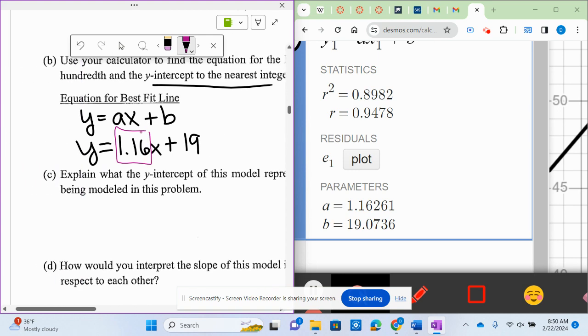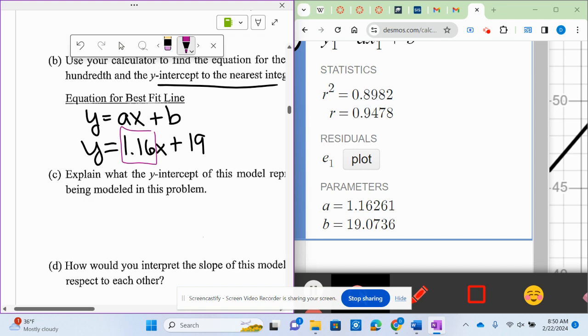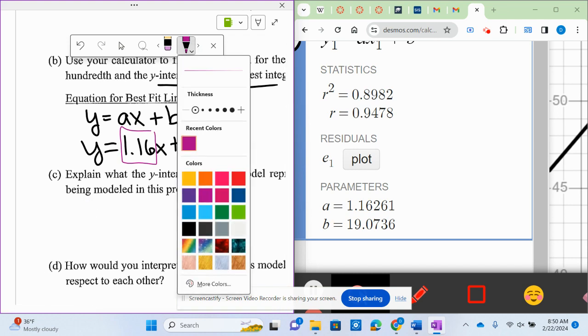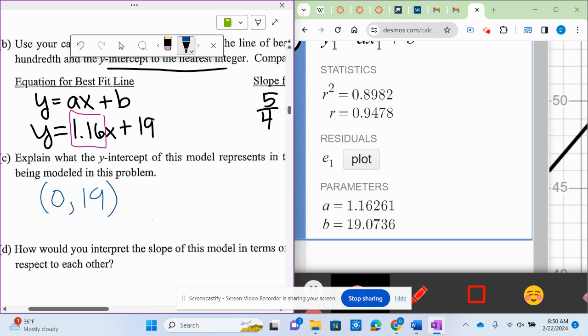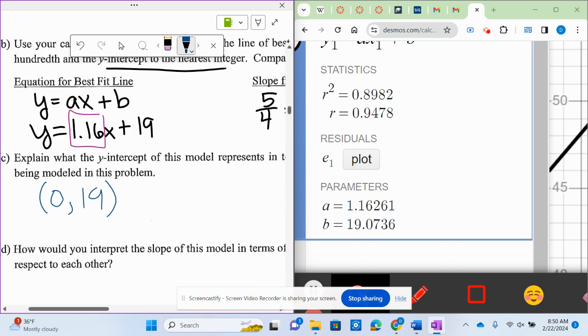Explain what the y-intercept of this model represents in terms of the low and high temperatures that are being modeled with the problem. So tell me when the y-intercept happens. The y-intercept happens when x equals 0, right? So our y-intercept is the ordered pair (0, 19). So what does that represent in terms of the context of this problem? Well, the x values are our low temp.